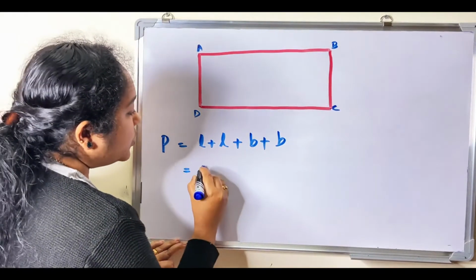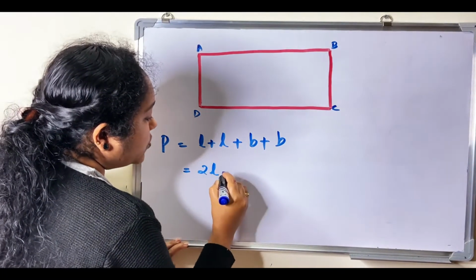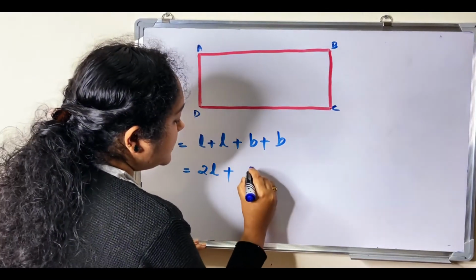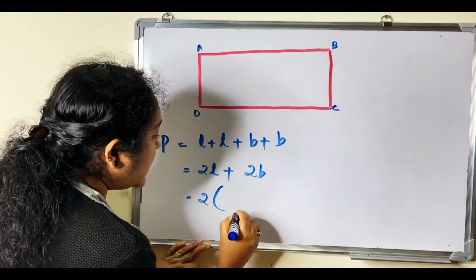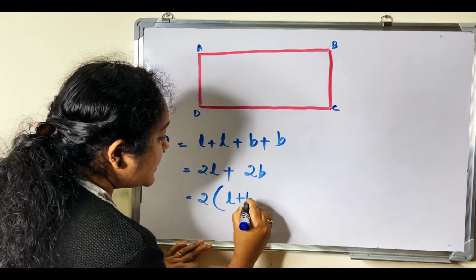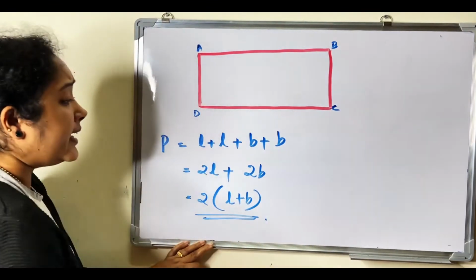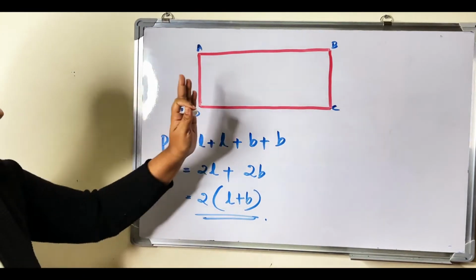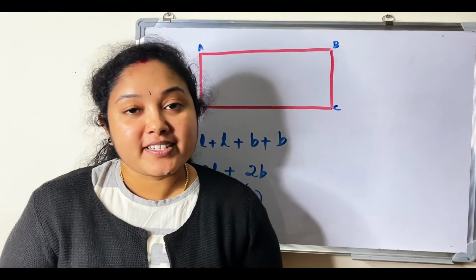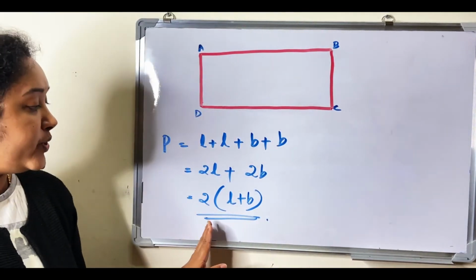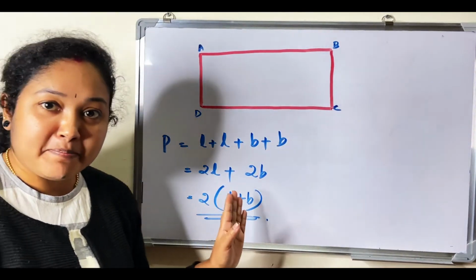That is equal to L plus L is 2L, plus B plus B is 2B. 2 is common, so 2 into L plus B. That is the perimeter of a rectangle. So the perimeter of a rectangle is equal to 2 into length plus breadth.